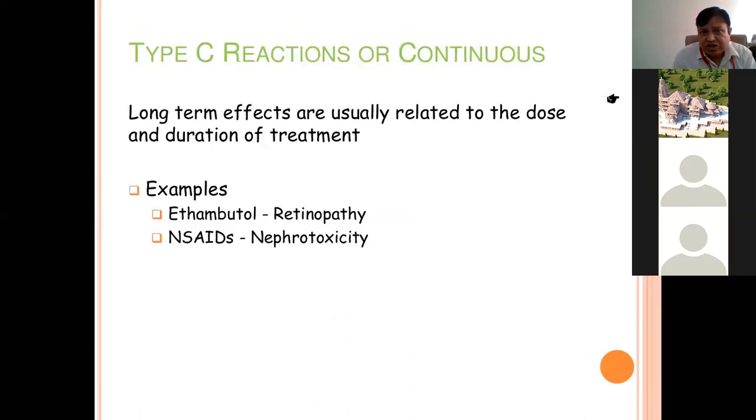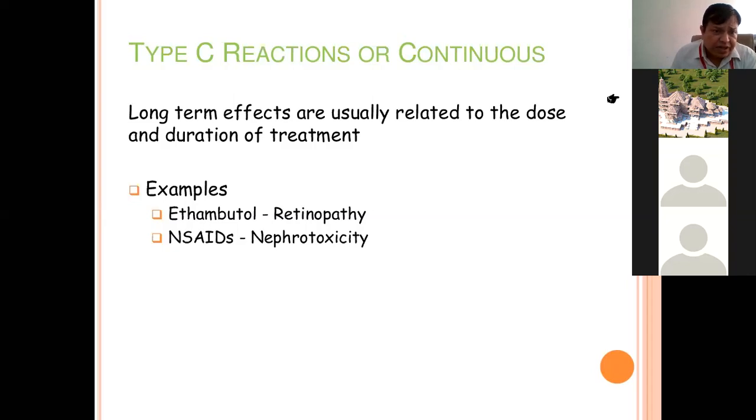Type C reaction or continuous or long-term effect are usually related to the dose and duration of treatment. If you are taking medication for a long time, in the case of tuberculosis, we are taking the drug for 1 year or 6 month continuous taking same drug in high dose, that also induce the adverse drug reaction.